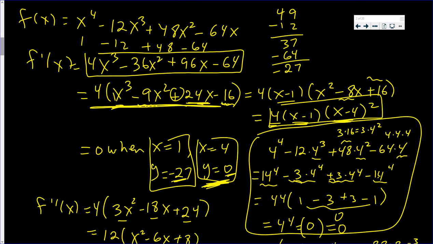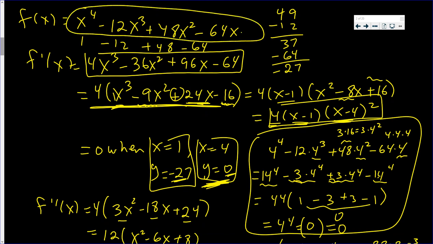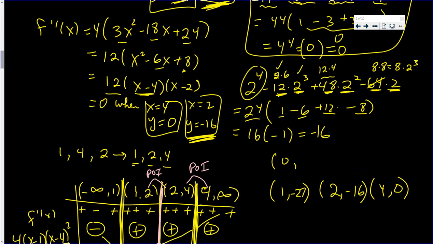When x is 0, it's going to be the constant. There is no constant. That is, the constant is plus 0. X to a power is 0. 12 times 0 to a power is 0. 48 times 0 squared is 0. 48 times 0 is 0. Add, subtract them, you get 0. Okay, so it crosses the origin.